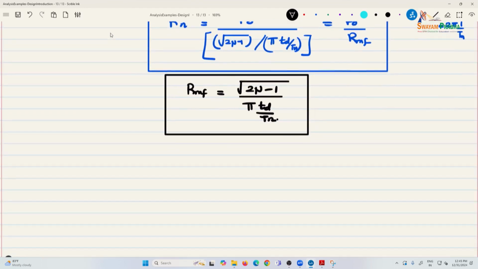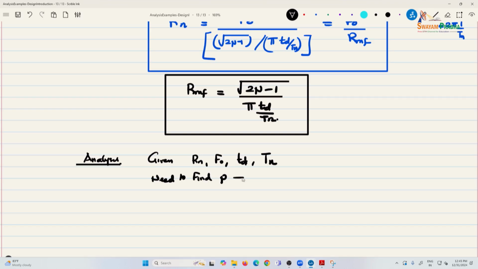So you can design, and if you need it for analysis purposes, you are given Rn, F naught, Td, Tn, you need to find mu and the LOP, then mu is given as 1/2, you just rewrite it, you get I square omega square by Rn square plus 1.